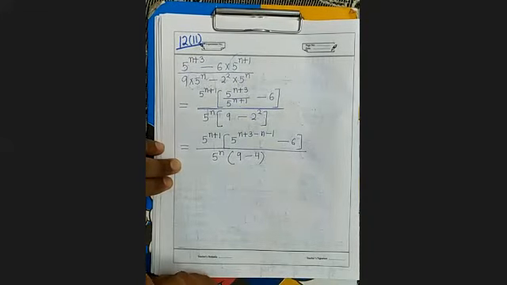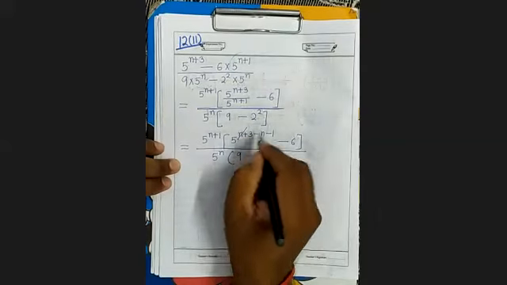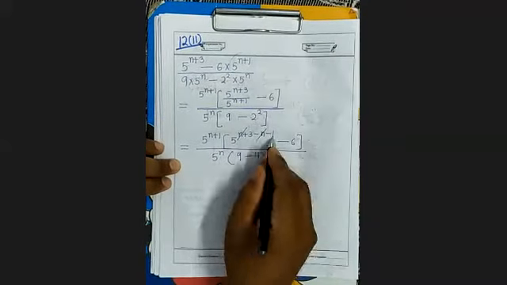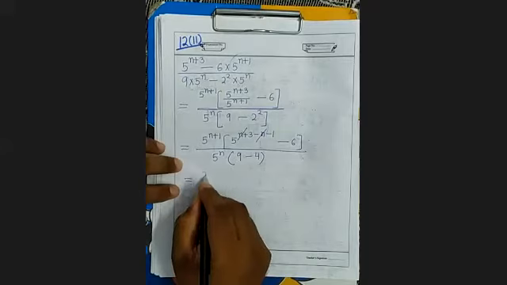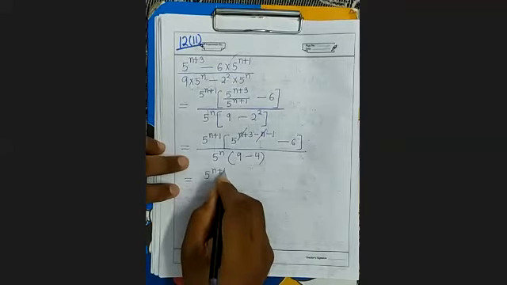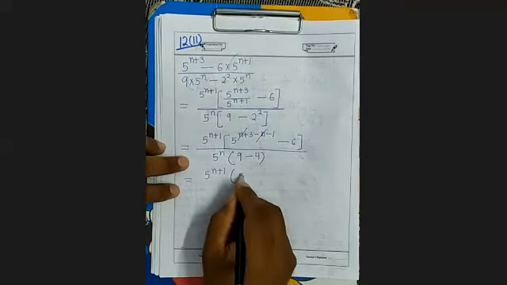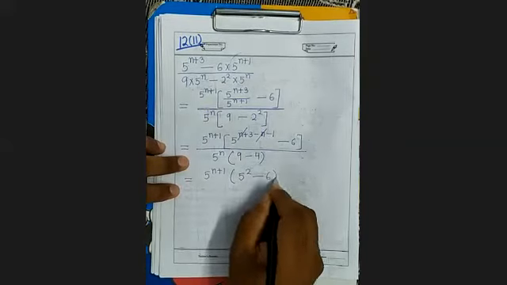What is 9 minus 4? It is 5. Here 3 minus 1. So see here. It is 5 square minus 6.